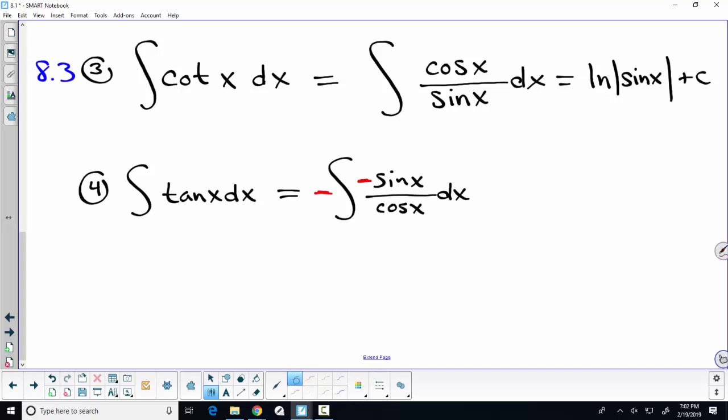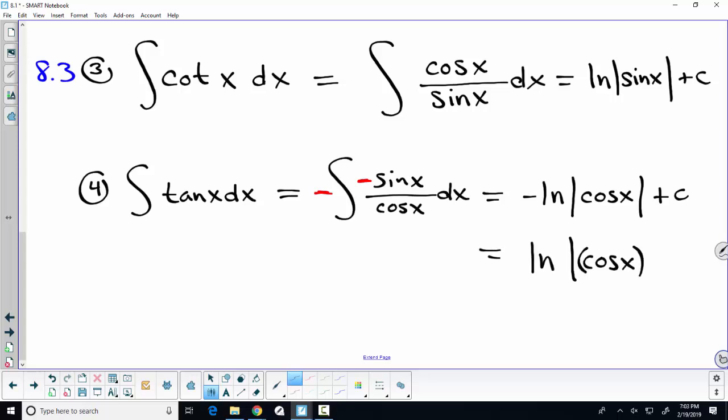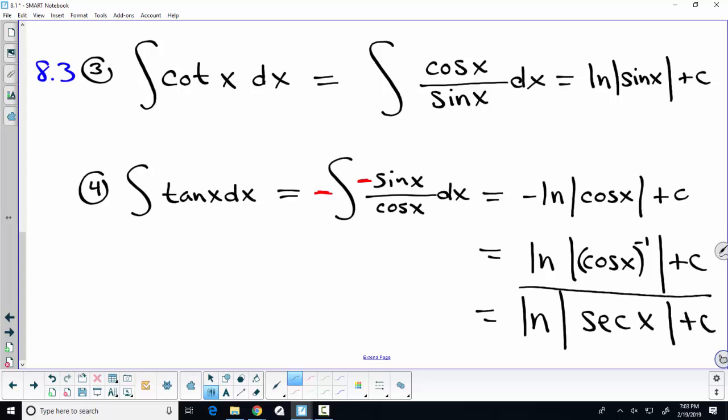So what would this evaluate to? Negative ln absolute value of cosine of x, which is ln absolute value of cosine to the negative 1, and the reciprocal of cosine is secant. Generally that's how you see this antiderivative presented.